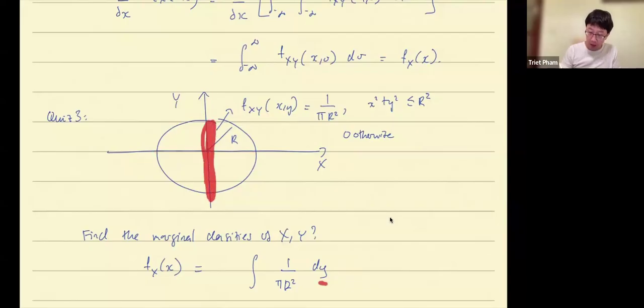But when you do that, you are not taking into account that this is a joint distribution. This is a PDF of X at this particular value of little x. Okay, let's make that clear. Suppose little x is over here.